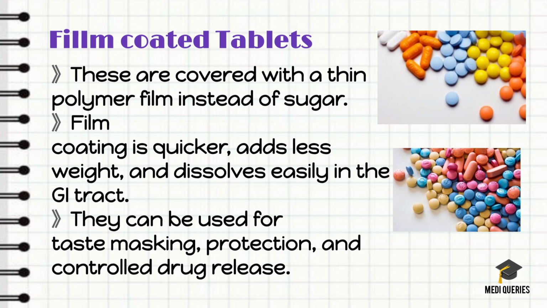The coating dissolves quickly in the digestive tract without altering the drug release significantly. They are more durable during handling and less prone to cracking. Film coated tablets are widely used in modern formulations due to their efficiency and flexibility.